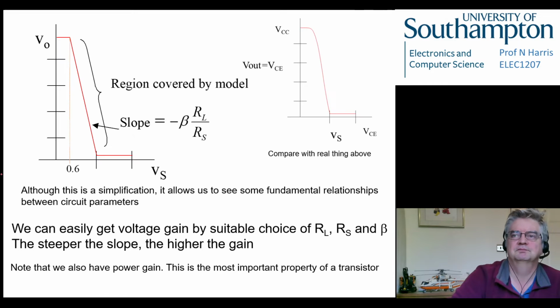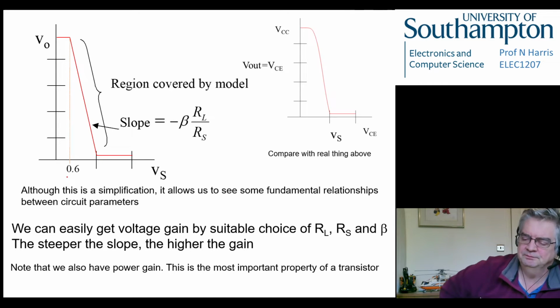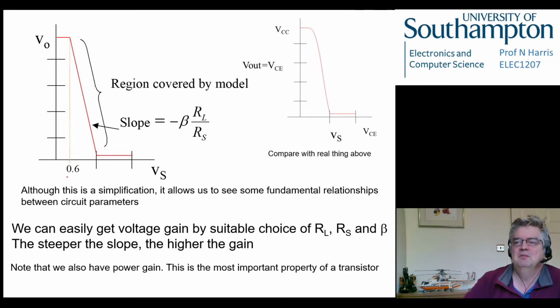Right. So if we plot that, we can see maybe how it's starting to help us. This bit over here is the real characteristic for the real device, if you like. And remember, it's got this exponential nature in its transfer characteristics.